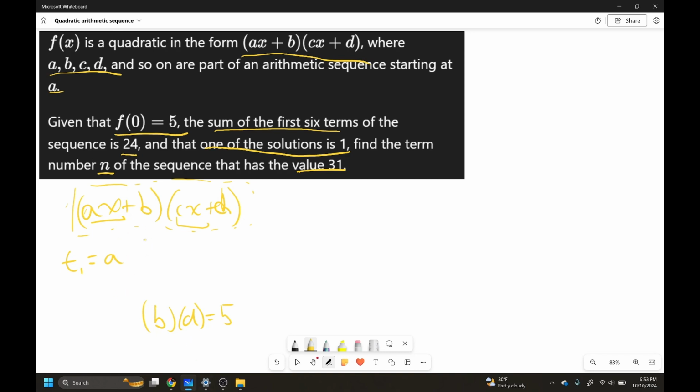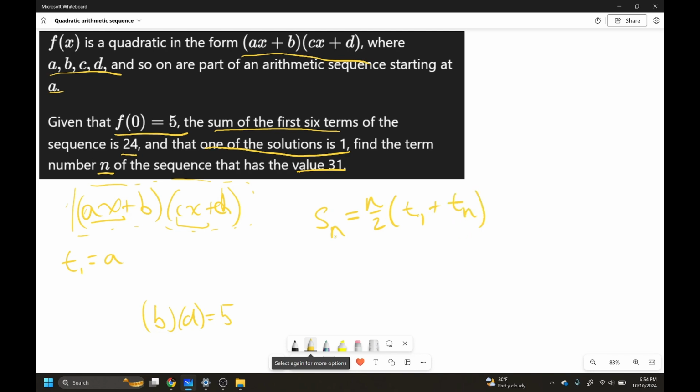Okay? And we also know that the sum of the first 6 terms of the sequence is 24. Now, if you recall the formula for the sum of an arithmetic sequence, S of n, where n is the amount of terms, it's n over 2 times term 1 plus term number n.